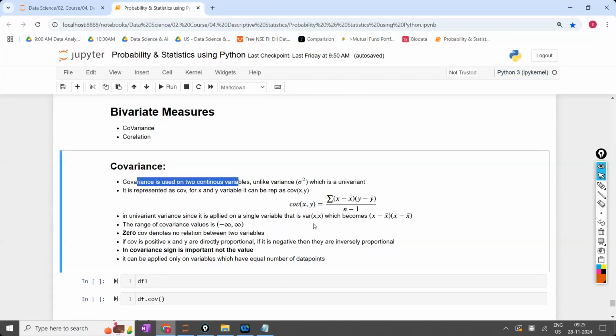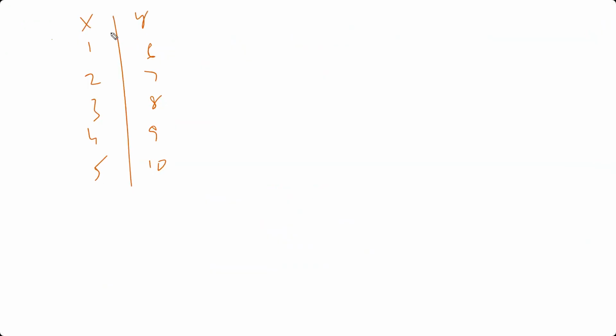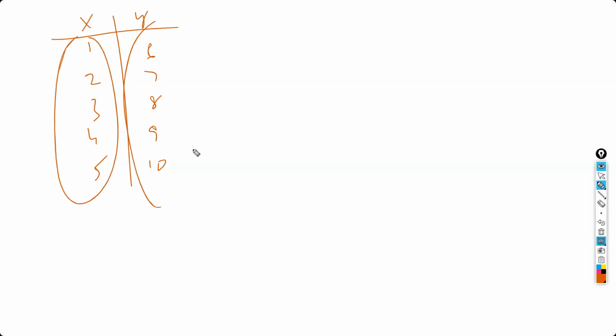Let me explain with a simple example: 1, 2, 3, 4, 5, 6, 7, 8, 9, 10. These are the two columns, X and Y. Here I'll have some variance, and here also I'll have some variance individually. Here, how much the variance of one variable with respect to the other is more or less.